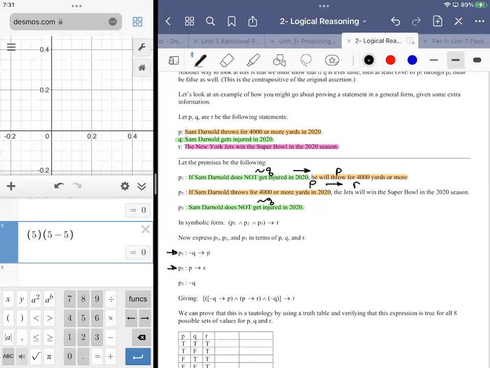Right? So what we're looking to do here is draw a conclusion. So we have the premises here, P1, P2, P3. It doesn't really matter what you call them. These are just premise 1, premise 2, premise 3. If they're all going to be true in conjunction, then it can only play out in a certain way based on the laws of logic. Right?